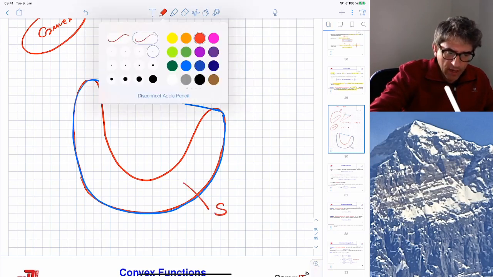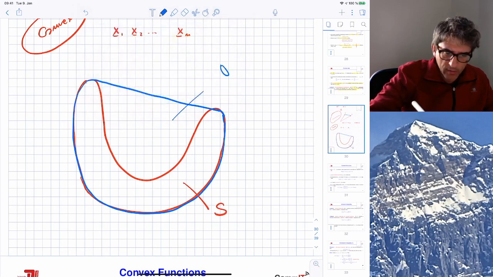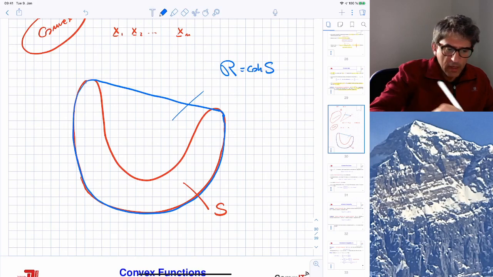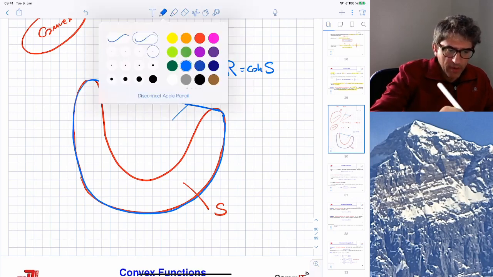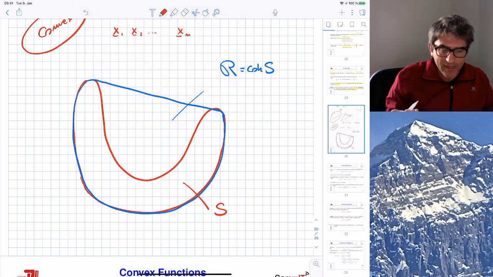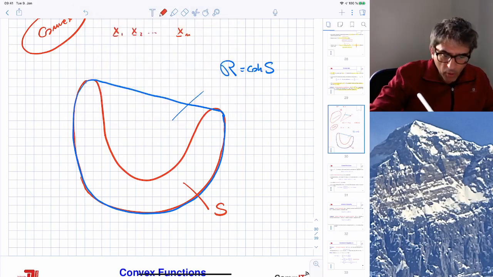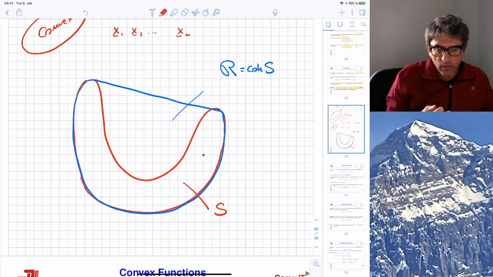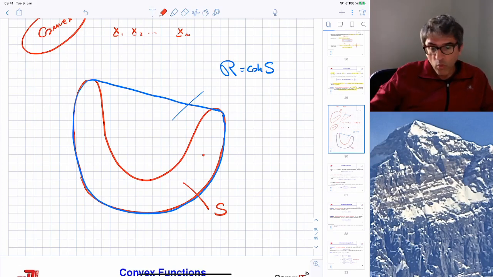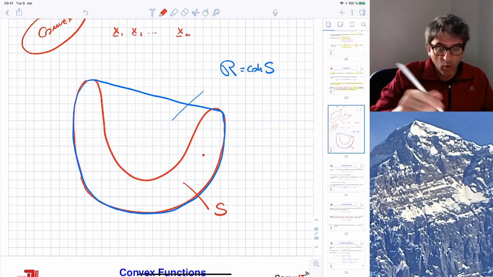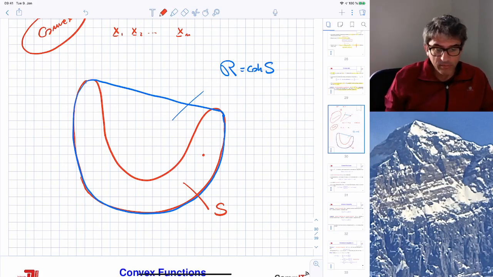The convex hull in blue is R. Now what happens? If the point we want to represent is a point of S, that's obvious, right? Any point here is represented as a convex combination of itself with anything else, because you just put coefficient 1 to this point, so you have it.